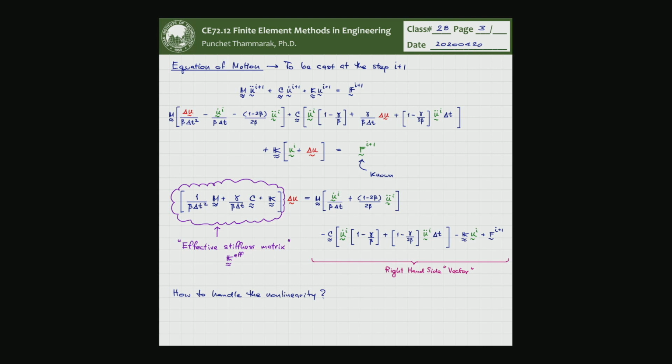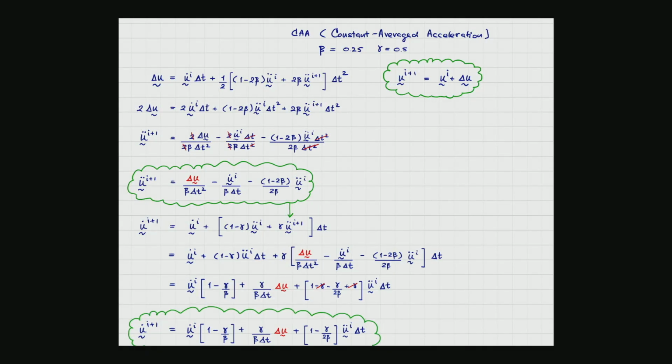So the i plus 1 information, like acceleration and velocity, and likewise also the displacement in the next step, is to be expressed in terms of the information in the i step: acceleration, velocity, and the delta u for the current step. It is the change from the i step to the i plus 1 step. So this is the only variable that we have for now.